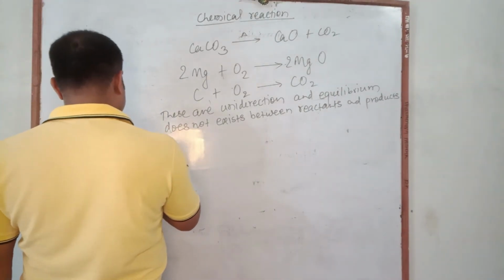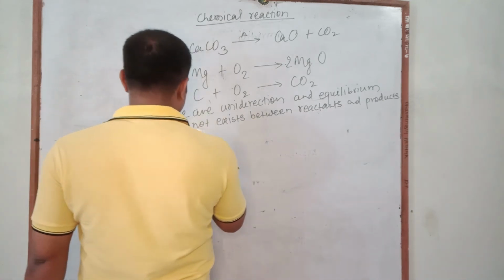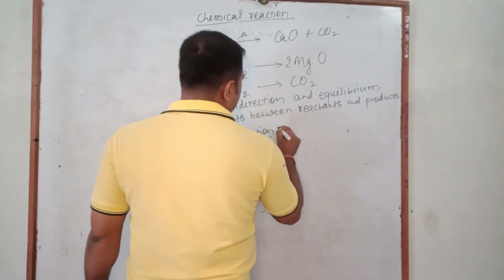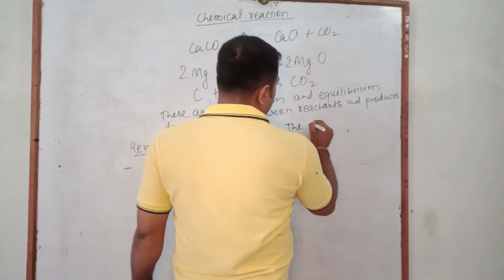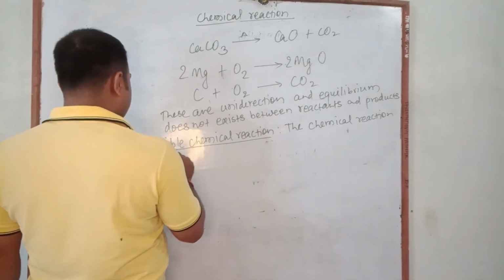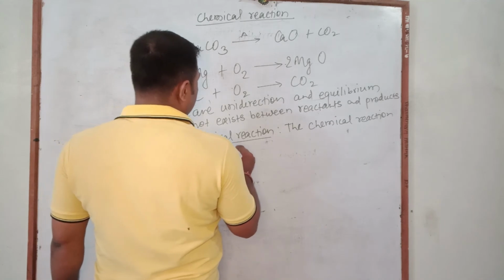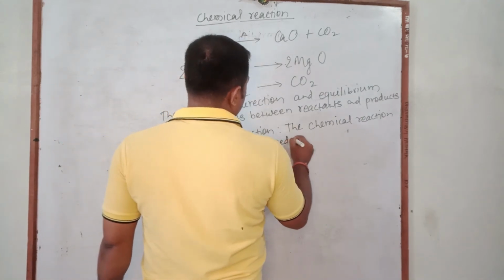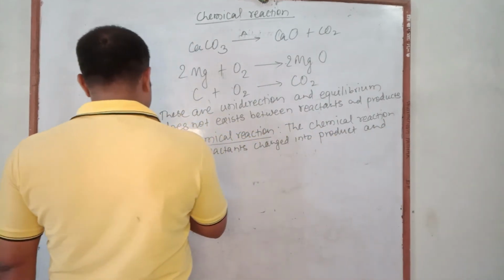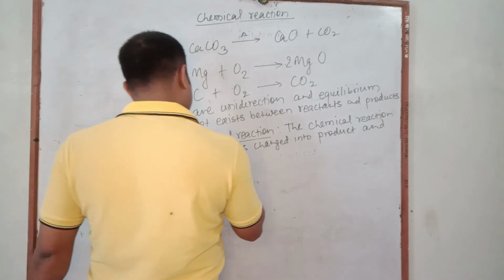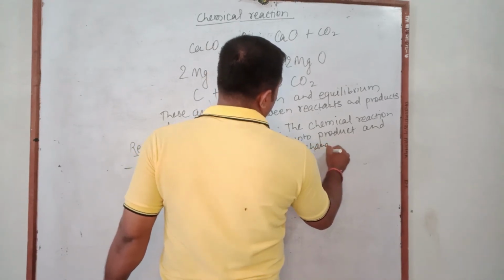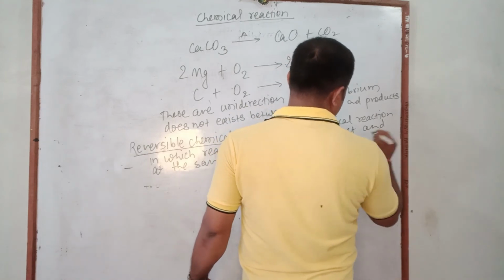Here we write the reversible chemical reaction, and we define it as the chemical reaction in which reactants change into product and at the same time products change into reactants.